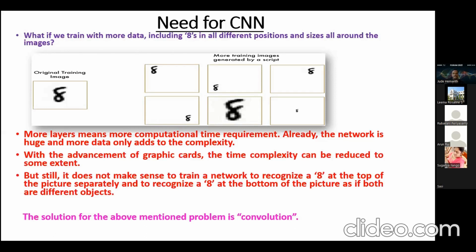For that, I need to go for another process called convolution. So when I mix convolution with this neural network, I can say that my deep learning is going to give me good accuracy. So CNN is not anything new. You have the artificial neural networks, the conventional one.